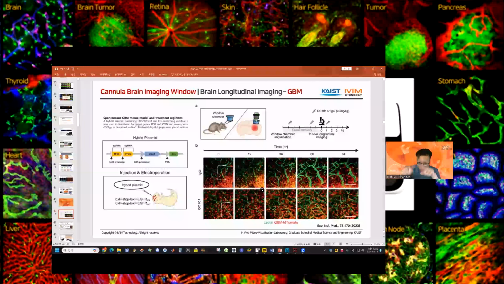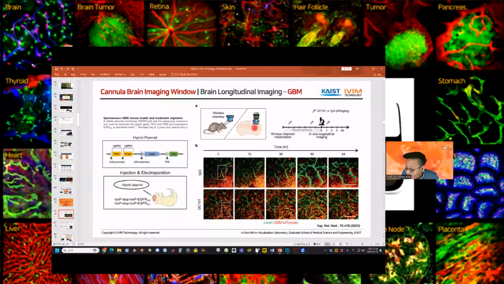So we can aspirate the cortex and leave the hippocampus intact. Then we insert this cannula ring into the mouse head and into the brain like this. After this setting, we can image the hippocampus. It has been demonstrated by many other groups as well. So the simple answer is yes.